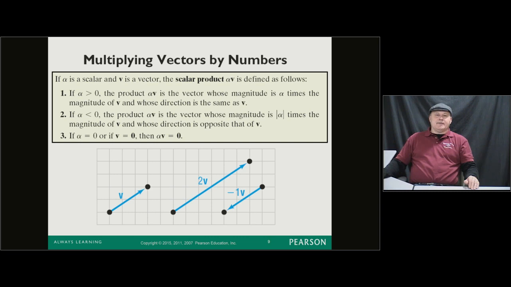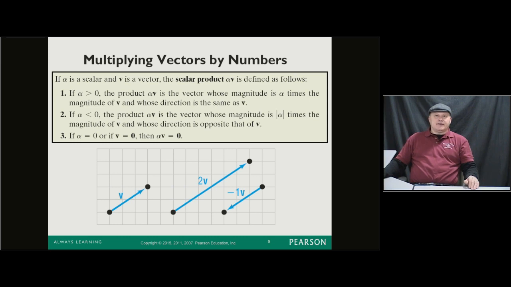So depending on what alpha is, it's going to make the vector longer or shorter. If it's longer, that means alpha is greater than 1. If alpha is between 0 and 1, it's going to be shorter. But it goes in the same direction.